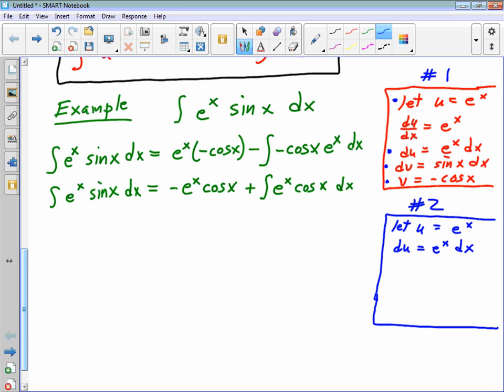You're getting used to that by now. And then we can let dv equal, in this case, we had e to the x, we have cosine x. I'm going to just integrate just this part. dv equals cosine x dx, and then v would equal sine x.